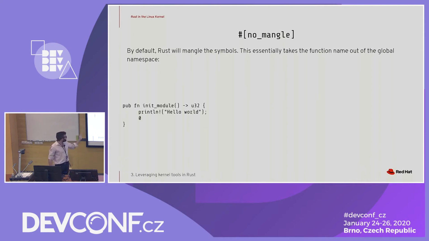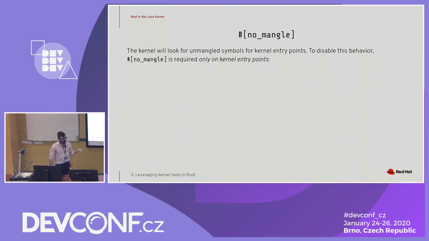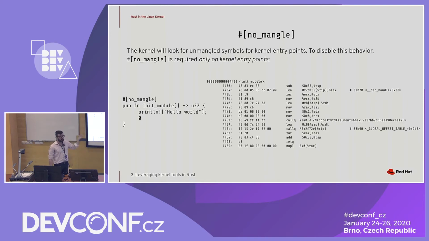So we have an init module, and it's going to take it out of the global namespace by mangling it, as we see right here. The solution is that on kernel entry points, we just attach no mangle to the top of this function, and we're going to get the unmangled symbol.